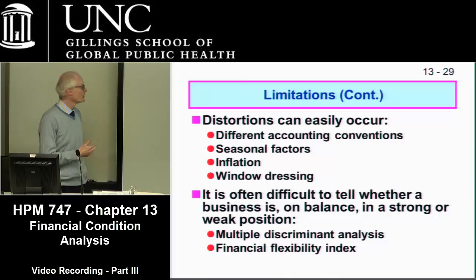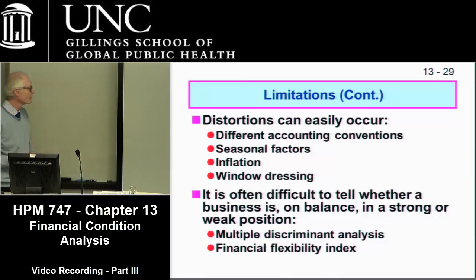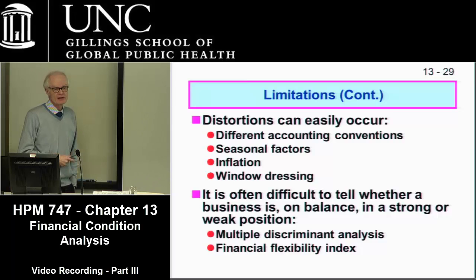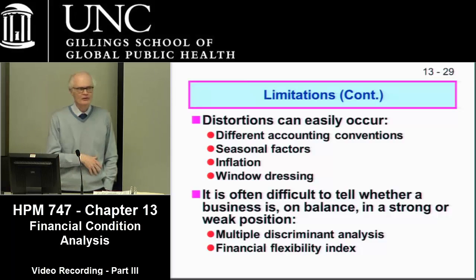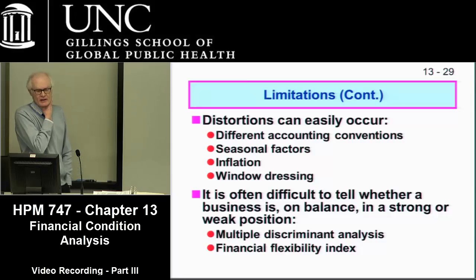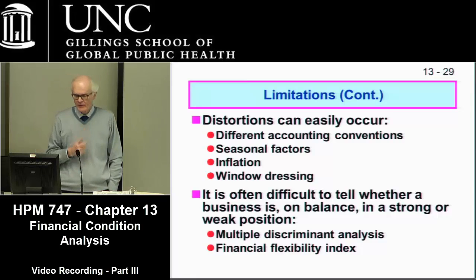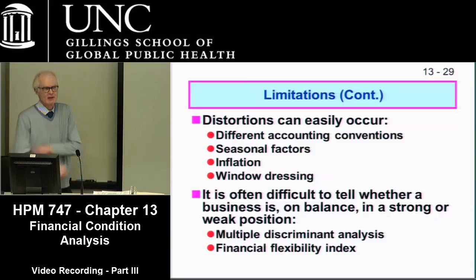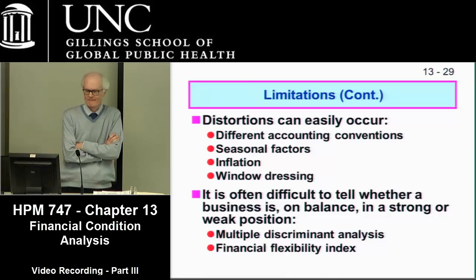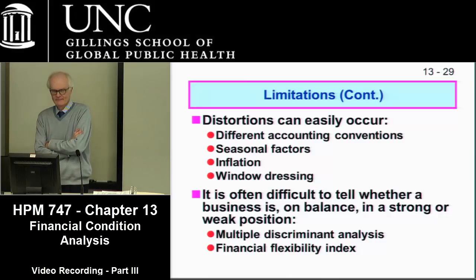Other limitations: different accounting conventions, seasonal factors, inflation. When you're in a period of high inflation, financial statements can become very distorted very quickly. And then finally, window dressing. What do you think that means? Choosing which ratios meet the organization's needs.